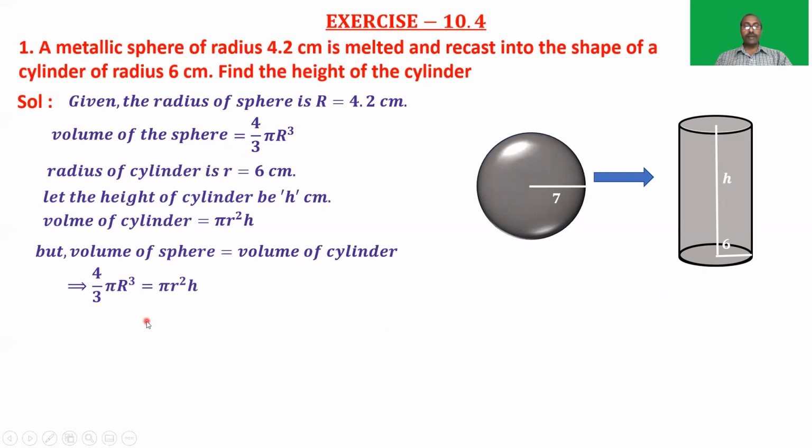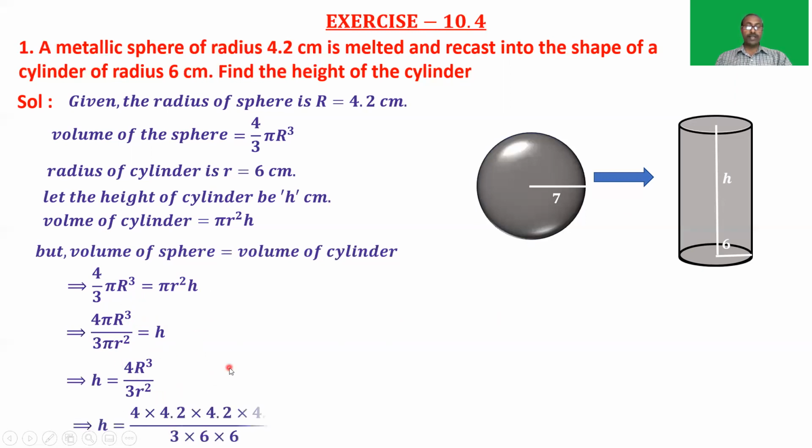So from this we can write h is equal to 4 pi capital R cube by 3 pi r square, because we have to find small h, which is the height of the cylinder. So from this we can write h is equal to 4 capital R cube by 3 small r square. Now substitute the values of capital R and small r in this equation. So we get h is equal to 4 into 4.2 cube by 3 into 6 square.